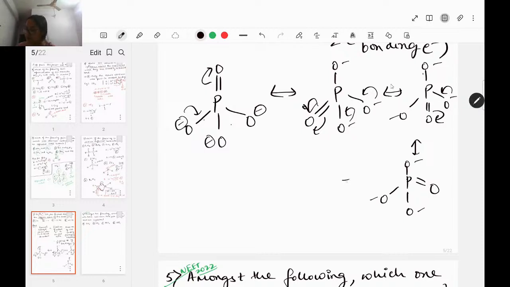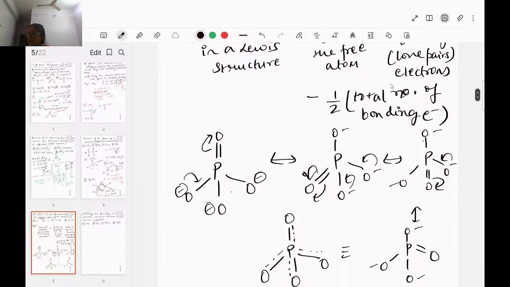So what is the resonance hybrid over here? P double bond, P single bond O, and each P-O bond has a double bond character. We can clearly see over here that each P-O bond has a double bond character. So what will be the formal charge of oxygen? Technically what will it be? How will we calculate?